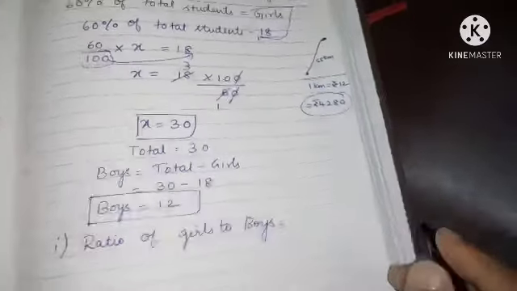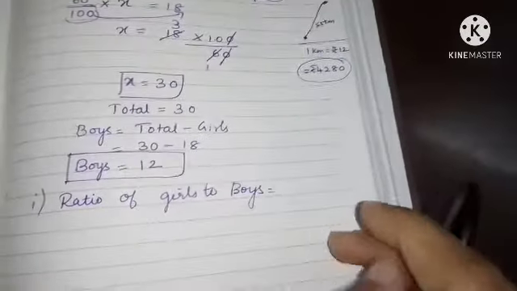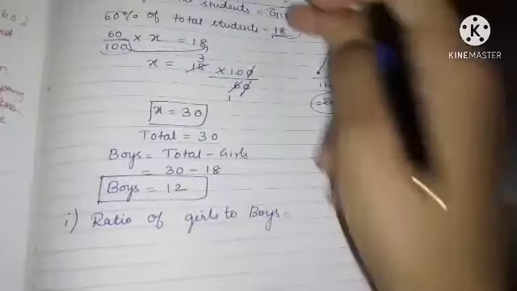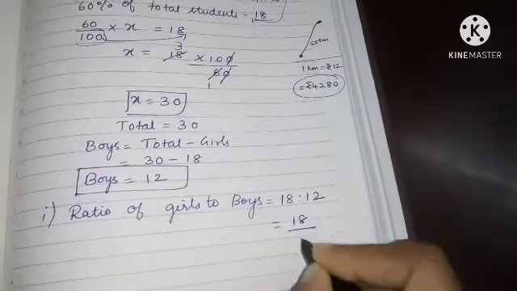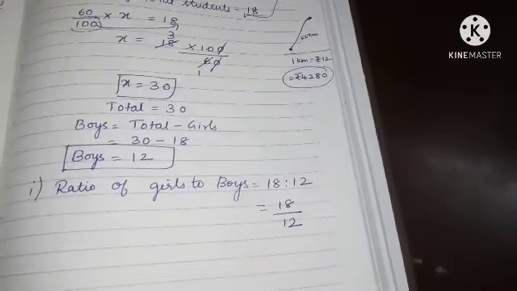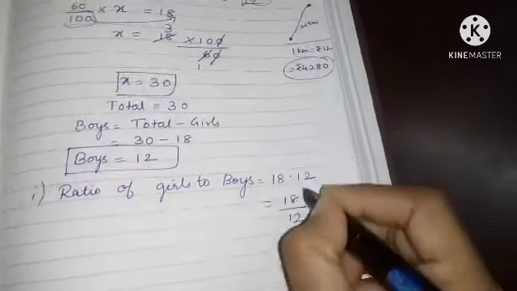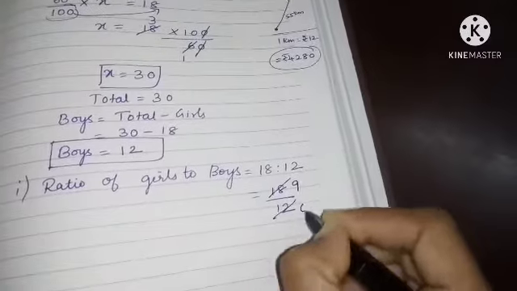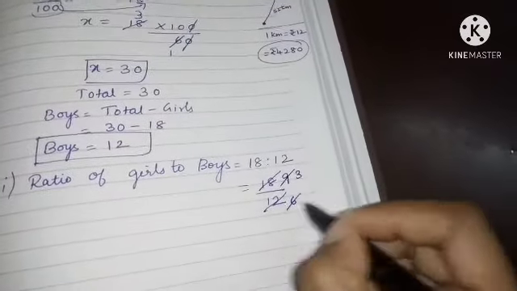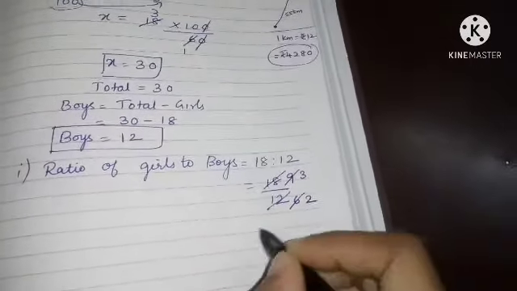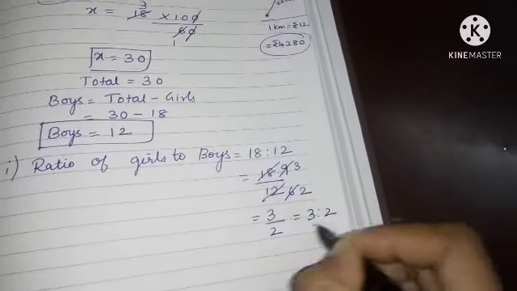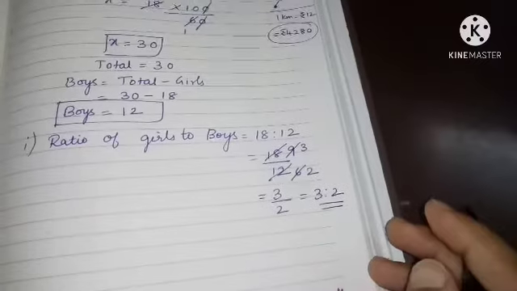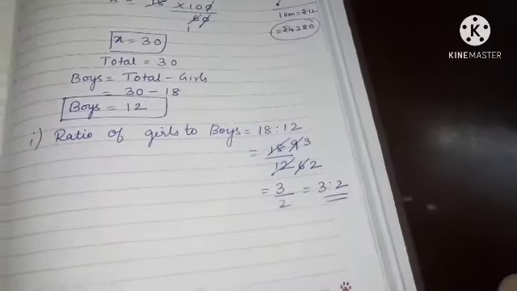What is ratio? How will you write? Division, like division only. Girls to boys, 18 is to 12, which is nothing but 18 by 12. 2 9s are 18, 2 6s are 12. Then 3 by 2 you get, which is nothing but 3 is to 2. So 3 is to 2 is the ratio of girls to boys.